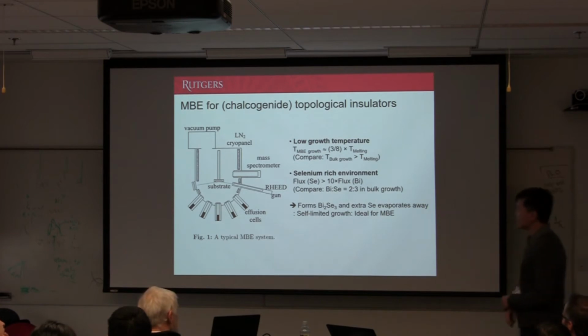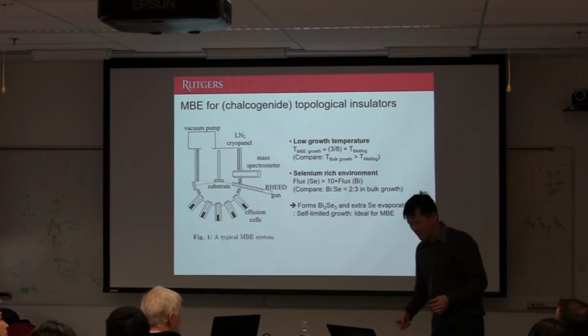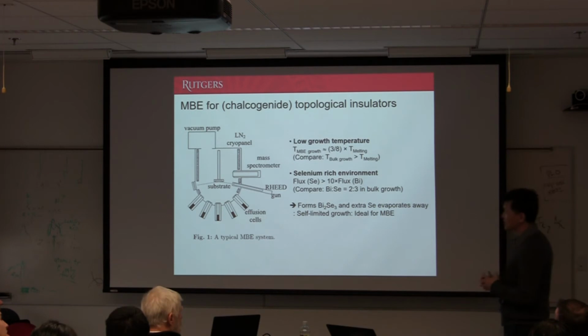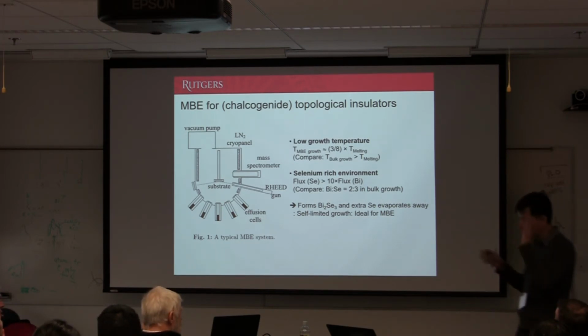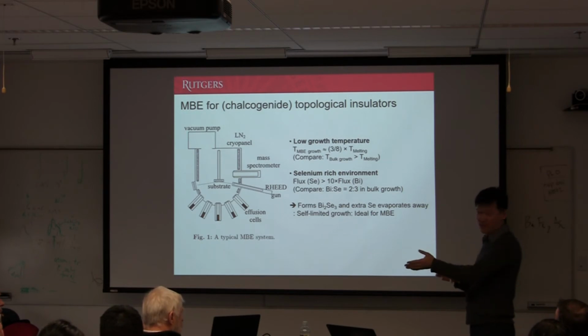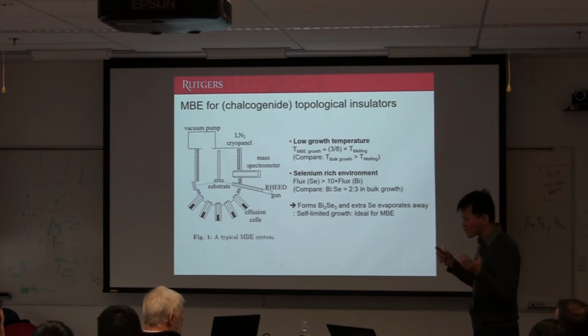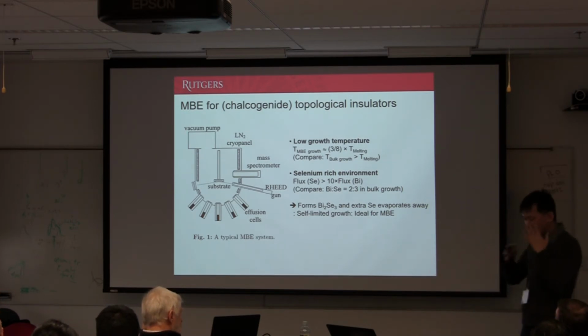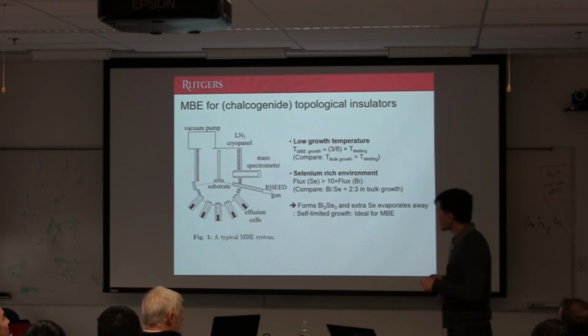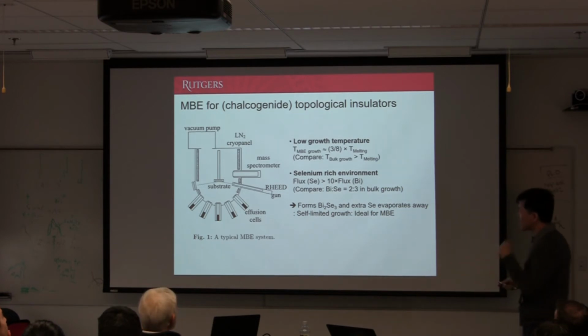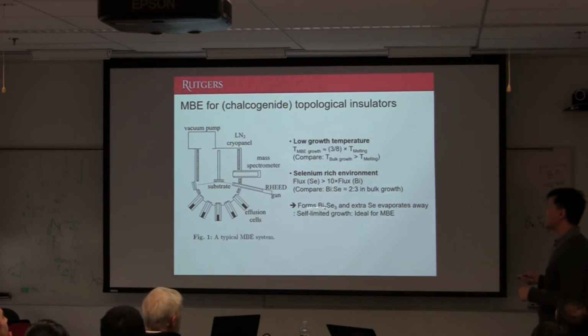MBE actually turns out to be probably the best tool for these topological insulators. Also the best tool for something like gallium arsenide. There's a reason why. For certain materials, like many complex oxides, MBE is probably not the best. MBE is best if you can grow materials under the so-called self-limited growth mode.